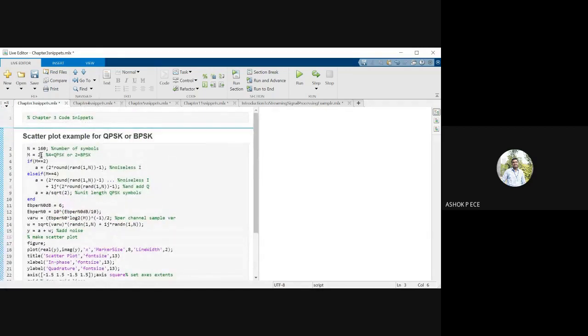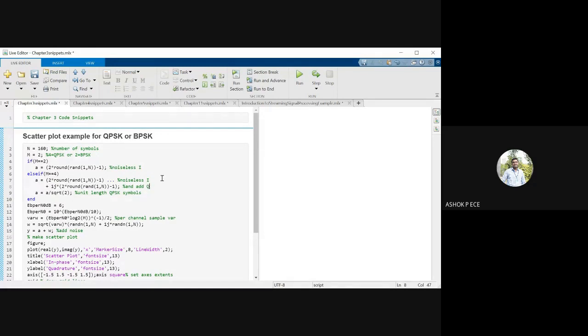So I'm taking the M value as 2 and I'm generating a random signal for in phase, only in phase. And if it is QPSK, I'll be generating in phase and quadrature phase. The in phase is real; for quadrature phase you see I'm adding j. You should have an understanding of in phase and quadrature phase. I cannot take that in detail now because you should know the basics of in phase and quadrature phase signals.